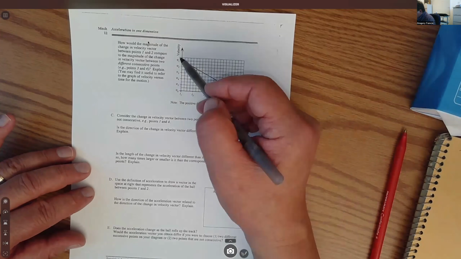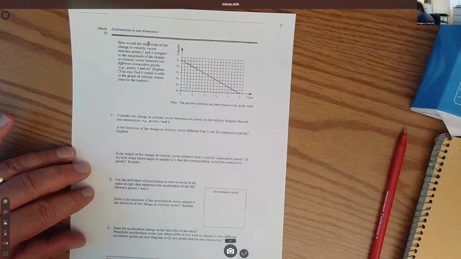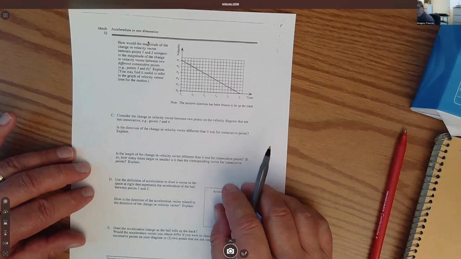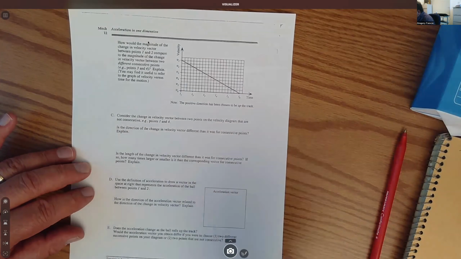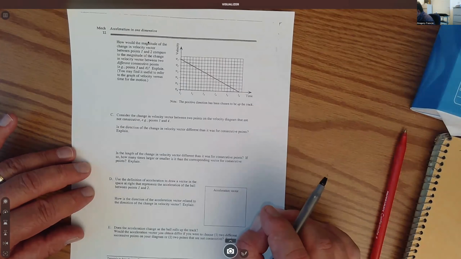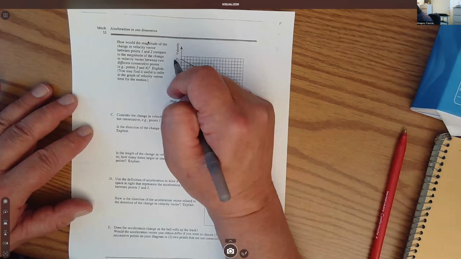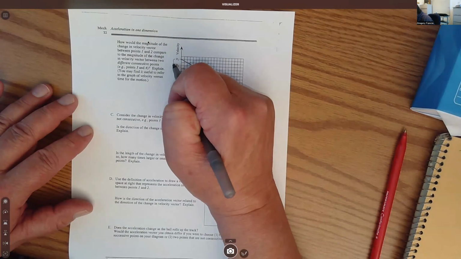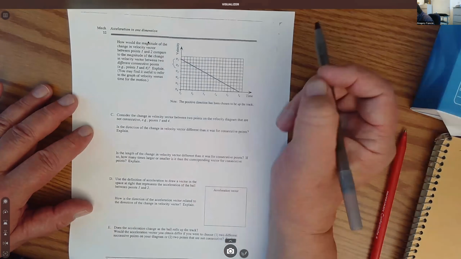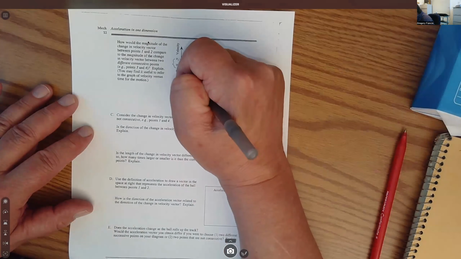But the fact that it's a linear graph, that it's a straight line, tells us something about the change in velocity between any two time instances, I should say. During the first time interval, from v1 to v2, I have a change in velocity that's that big.